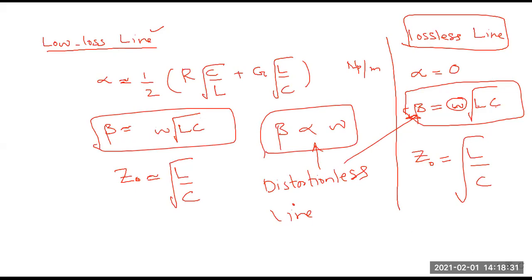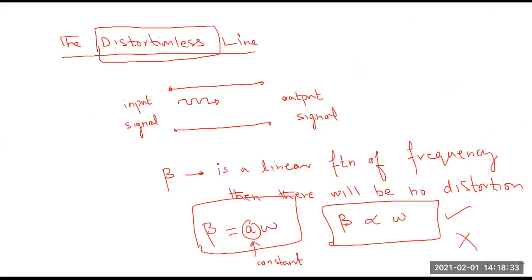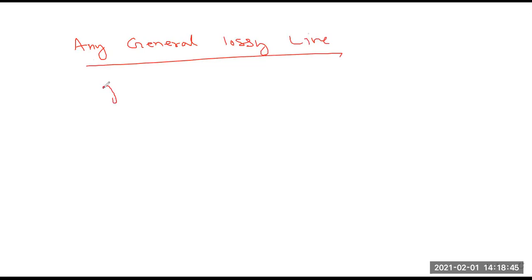But if you remember the general lossy line, the complex propagation constant of any general lossy line is mathematically represented by this expression, which we have derived and which we have been using throughout this course.